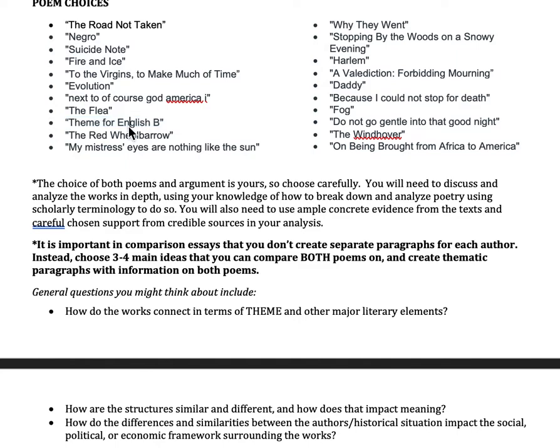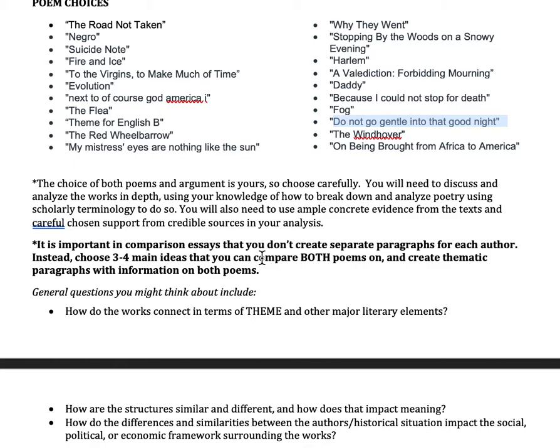So, for example, if I was going to do Do Not Go Gentle into That Good Night and Because I Could Not Stop for Death, my first main idea might be that the theme of death is prevalent in both poems. And then I would show how it's prevalent in this one, and then how it's prevalent in this one within that theme.